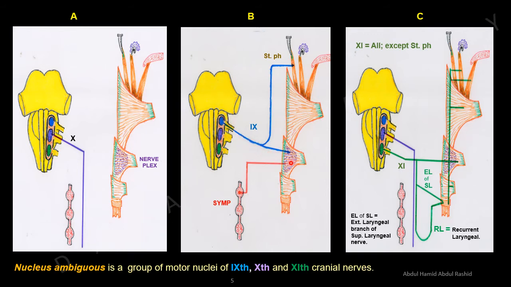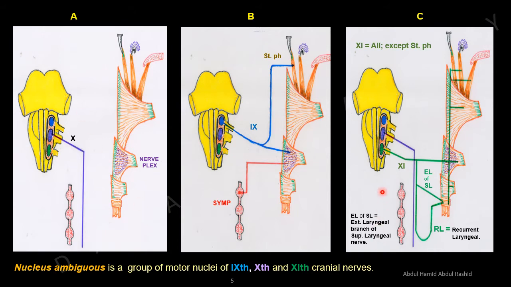One goes to the pharyngeal nerve plexus on the middle constrictor. Another branch will go and supply the stylopharyngeus muscle. Sympathetic chain also gives sympathetic fibers to the pharyngeal nerve plexus on the middle constrictor muscle.